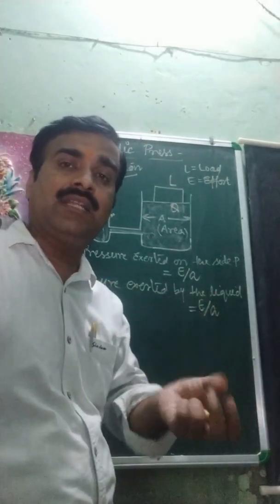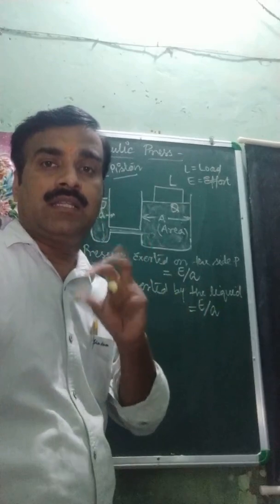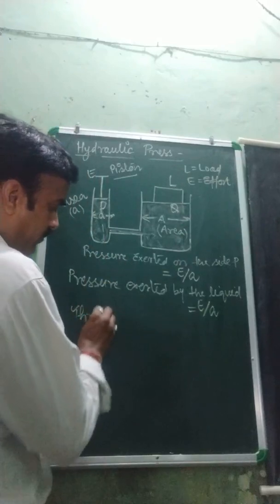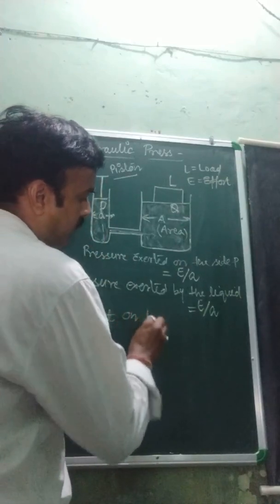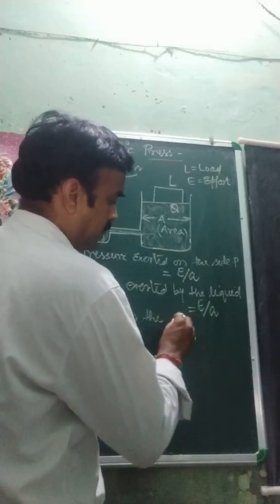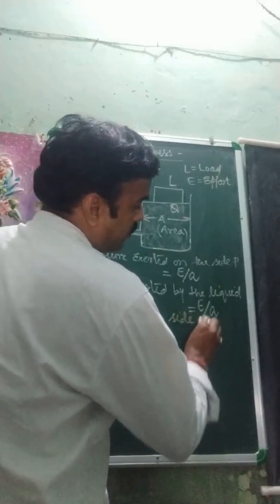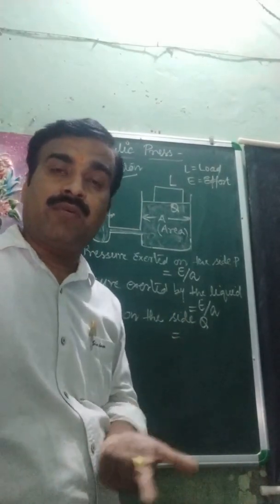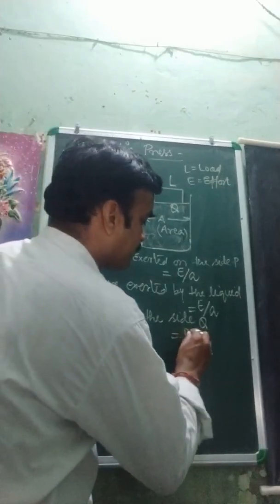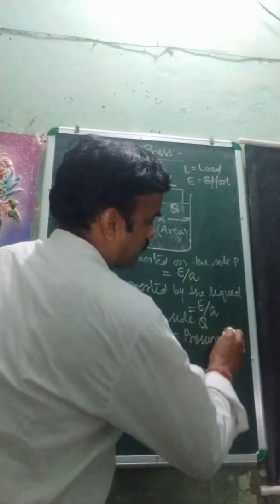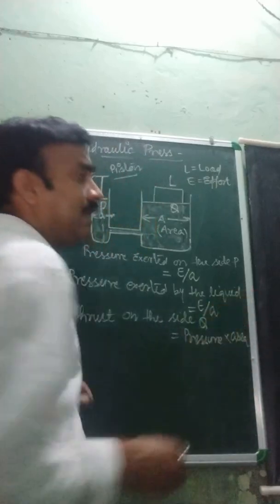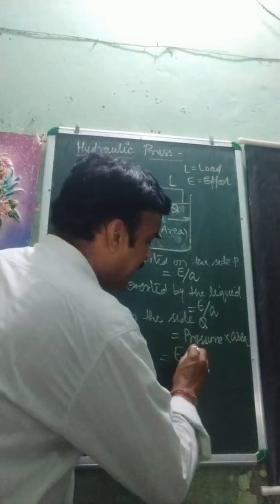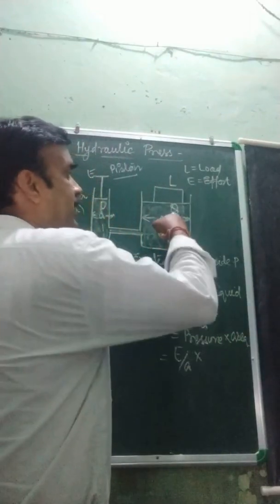So on that basis, thrust on the side Q. What is the formula for thrust? Thrust equals pressure into area.